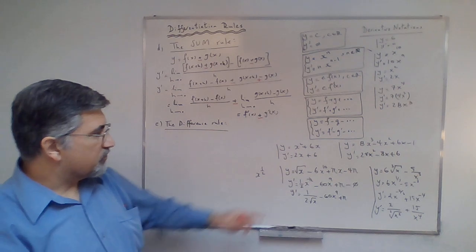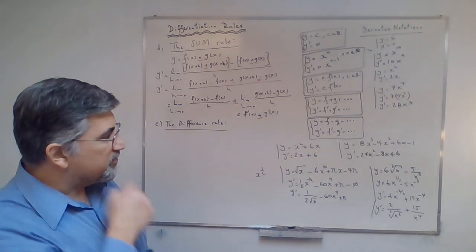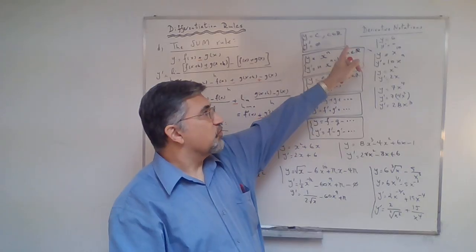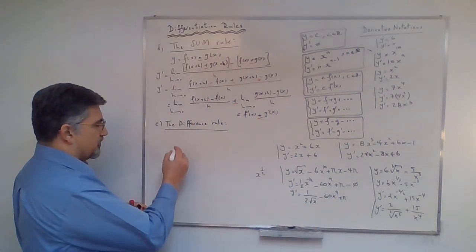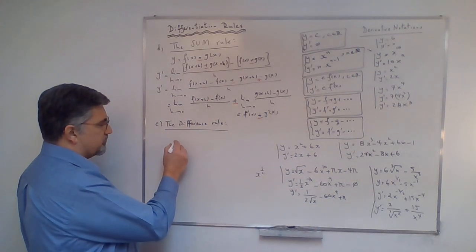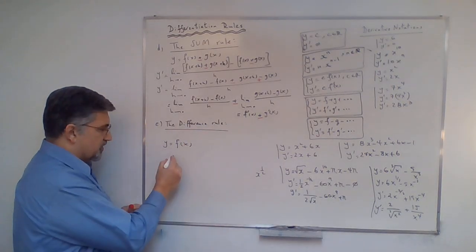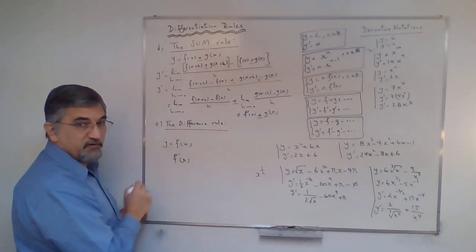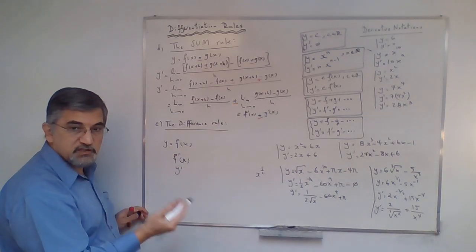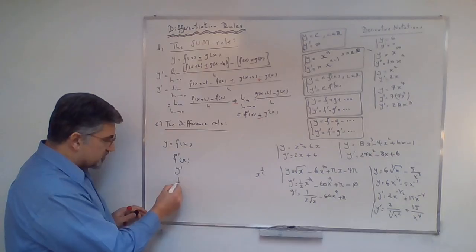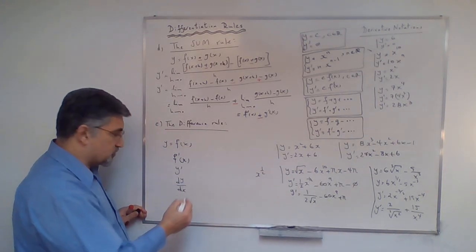So I gave you 4 examples, and I'm going to just wrap up with notations for the derivatives, which I forgot to mention earlier. When you have y equals f of x, one notation is the prime notation, f prime of x. Another notation is y prime, simply. Another notation is dy over dx, and this is known as Leibniz notation.